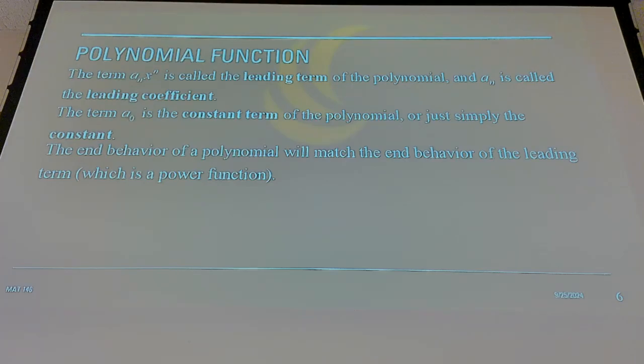Keep in mind that is only the end behavior. That tells us nothing about what's going on in the middle, right? Because now for smaller values of x, all the other terms are no longer negligible. So they will affect the shape.